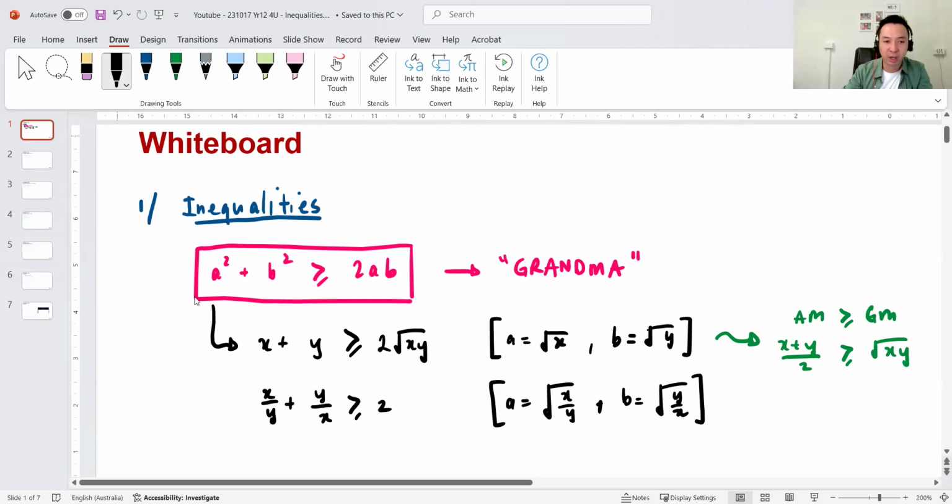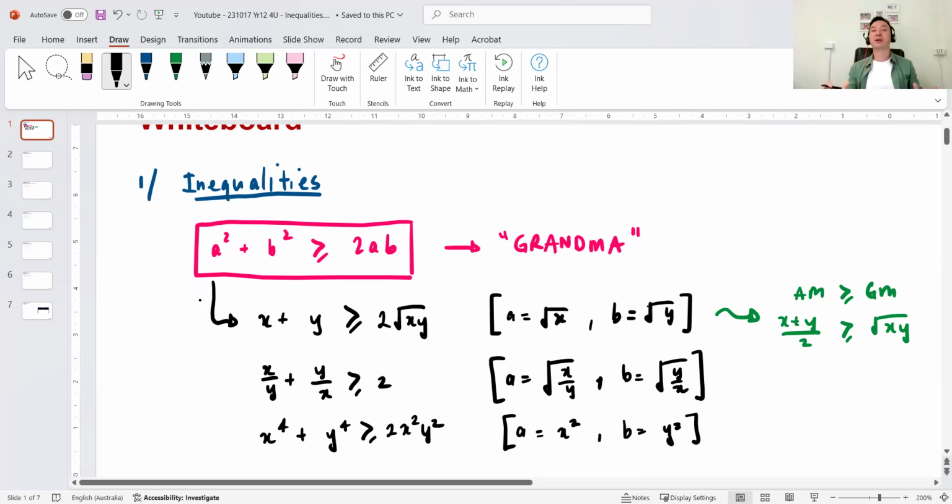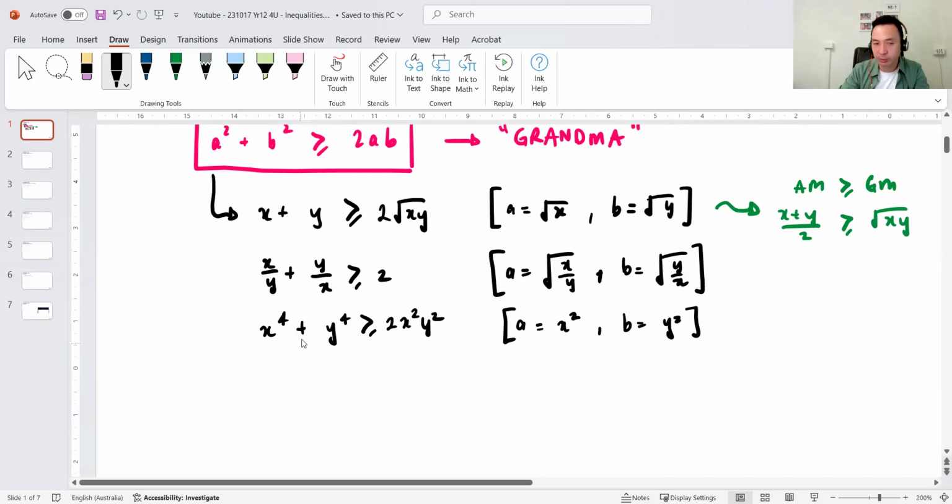And another common application of grandma is when they go power of 4, and that's like 2x squared y squared, where obviously a is x squared and b is y squared, and you'll get that. So many disguises for grandma, but everything comes from the original grandma, the OG, that pink box there, super common. So make sure you know how to prove these, because you always start with the perfect square. I'll do it in a question later on.